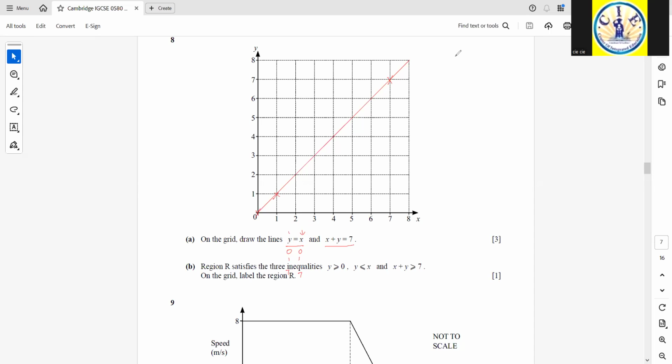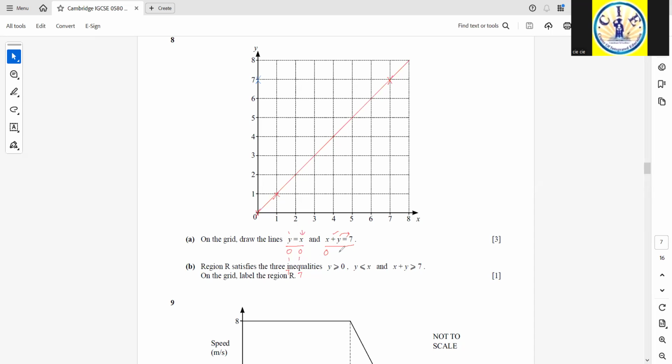Okay. Then for x plus y equals 7, let's have the simplest points, the x intercepts and the y intercepts. When I replace x equals 0, the value of y becomes 7. So this is the point. Let me use some other color marker.